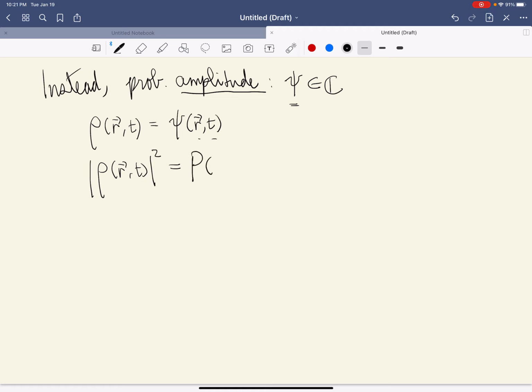Okay, so this is the probability to find a particle at the location R at the time t for that quantum mechanical particle.